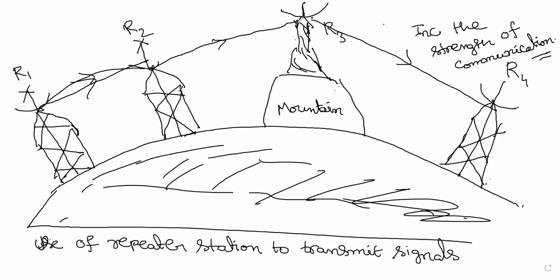This is how you can see the antenna part. This completes our part 2 of communication systems, and then we meet further in part 3.